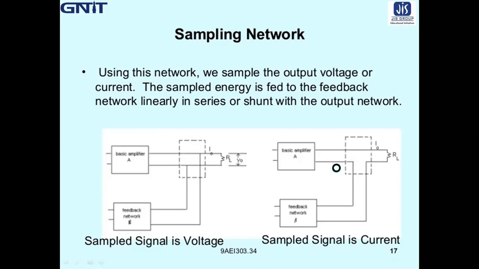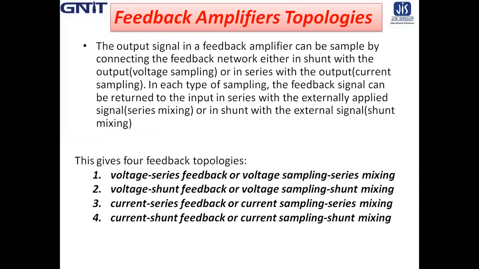And if the output is sampled by connecting the feedback network in series with the output, then current sampling takes place. So this is all about input and output connections. Now we move to the topologies.